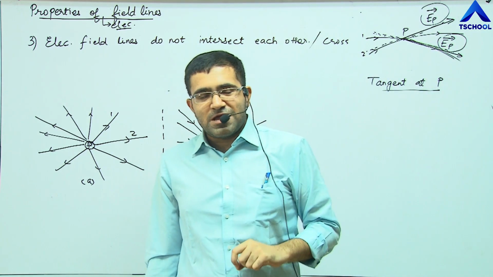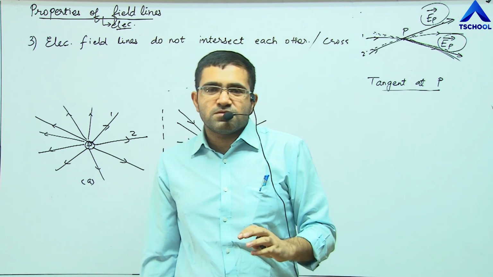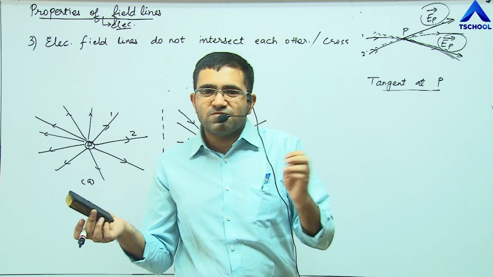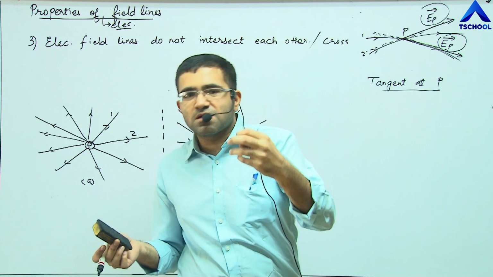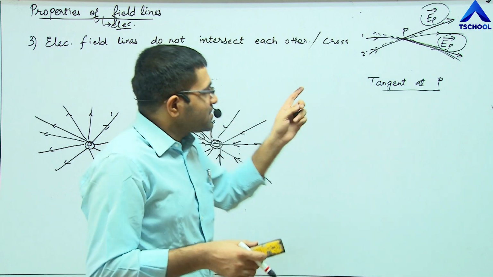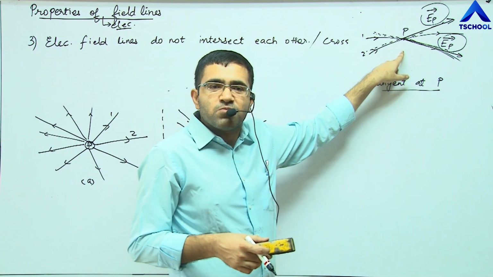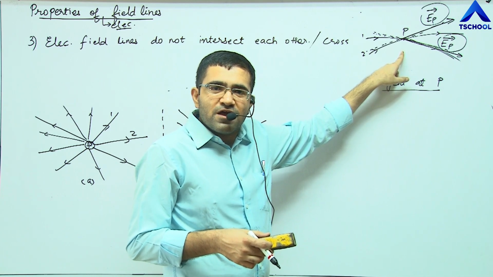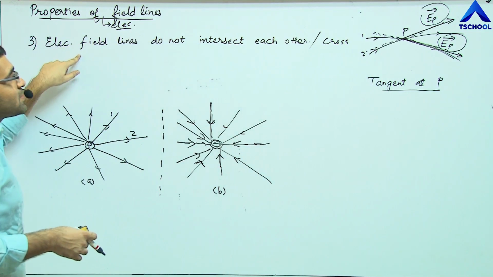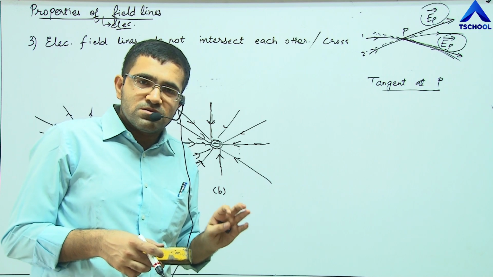At one particular place, at one particular time, the wind direction cannot be two separate. It's not possible that wind is blowing north and wind is also blowing west. Just like that, if these two field lines cross each other, we're going to have a problem. So that means the electric field lines must not or can never cross each other, right?